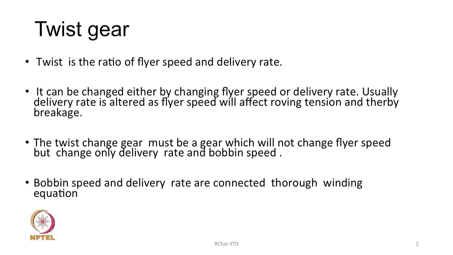So, bobbin speed and delivery rate are connected through the winding equation. You can remember the winding equation, you will find that delivery rate and the bobbin speed are basically interconnected.